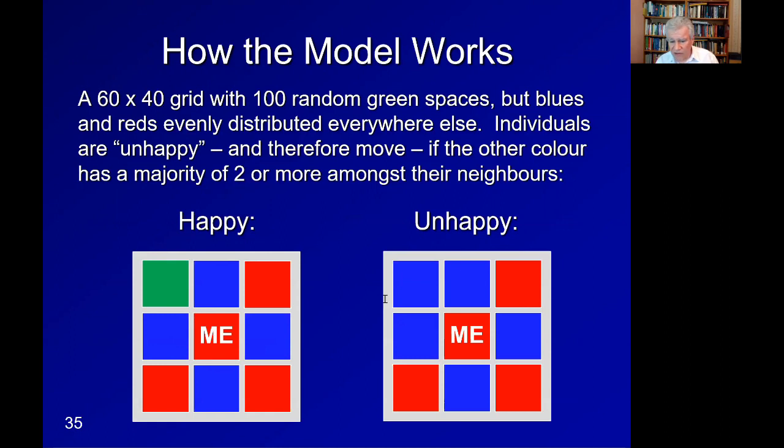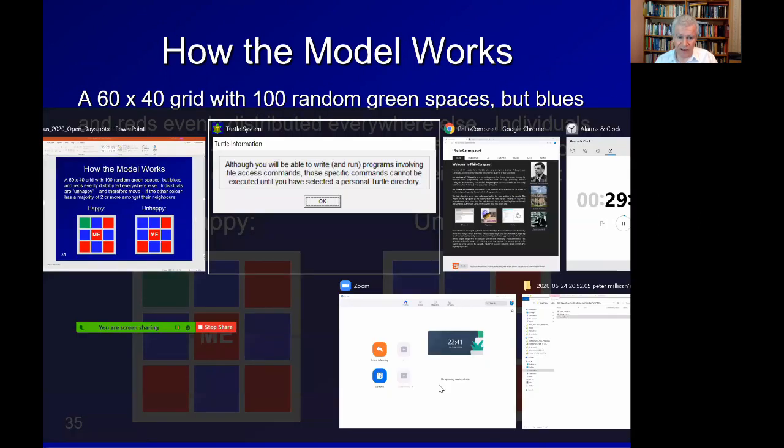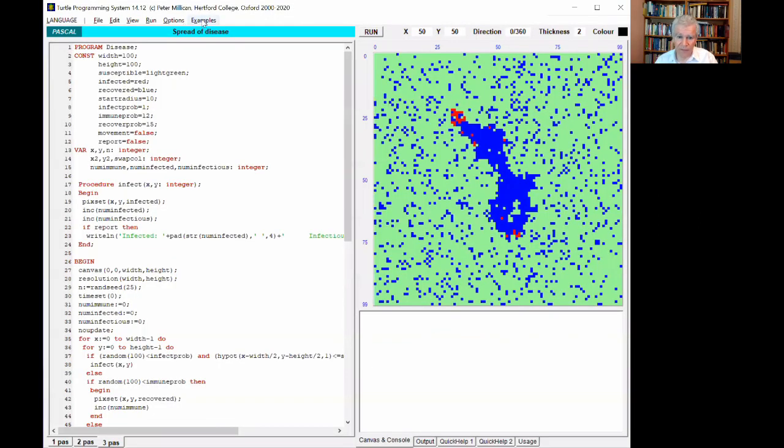And if we go to the situation on the right here, where I've got 5 blue neighbors and only 3 red neighbors, so the blues are outnumbering the reds now by 2 or more, let's suppose then I will be unhappy and I'll try to move. So I've got a slight preference in favor of being with those of my own color. But it's not a huge preference. I can quite happily tolerate having 1 extra neighbor of the opposite color, but not more than that.